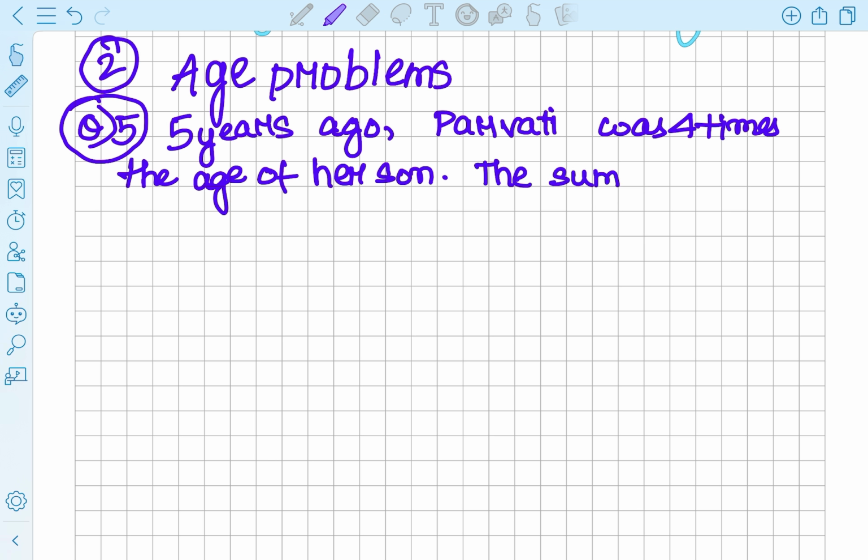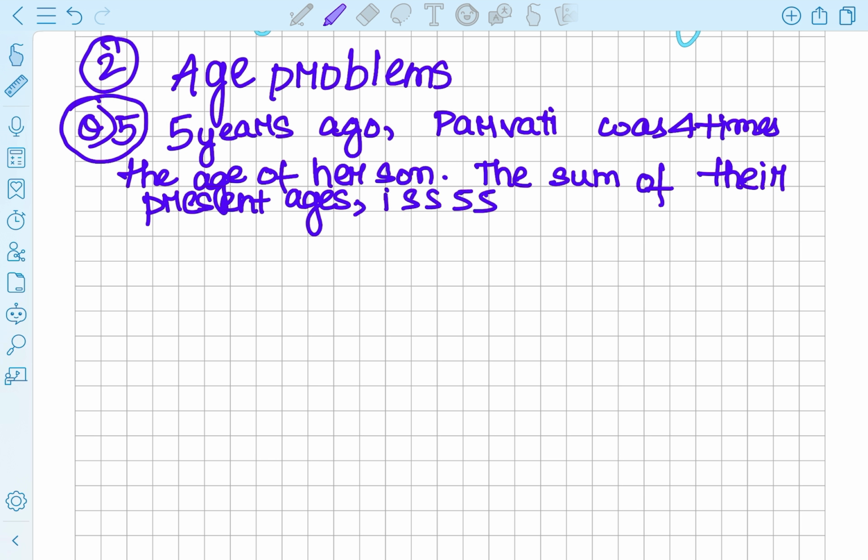The sum of their present ages is 55 years. Find Parvati's current age.